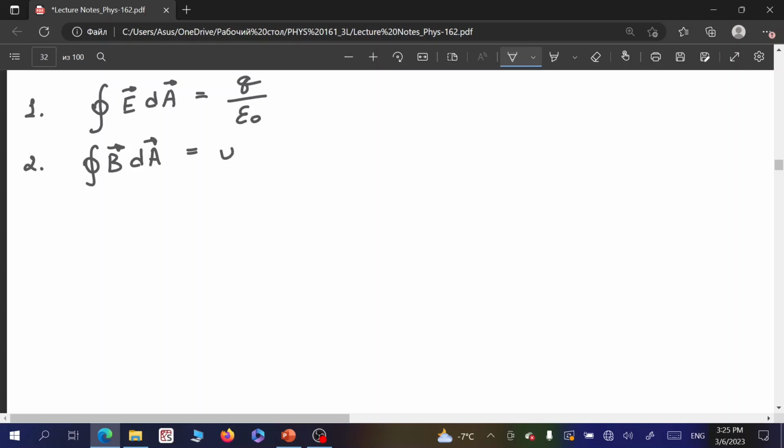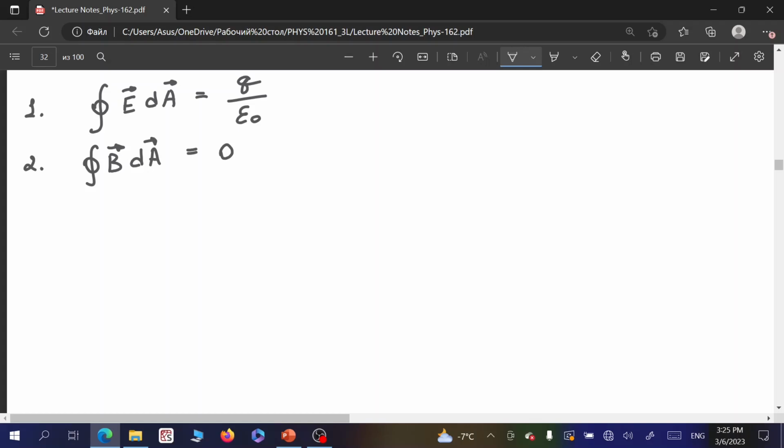That should be equal to 0. We discussed this question some time ago, and Gauss law applicable to a magnetic field tells us the following.